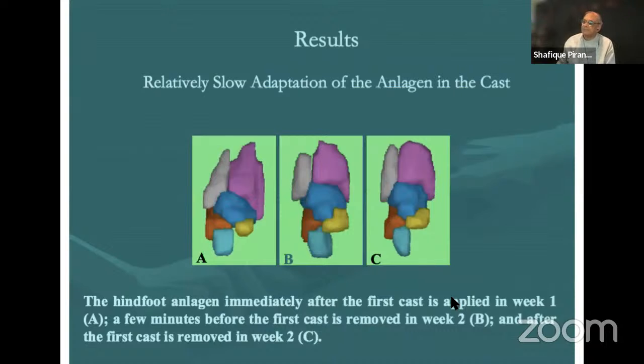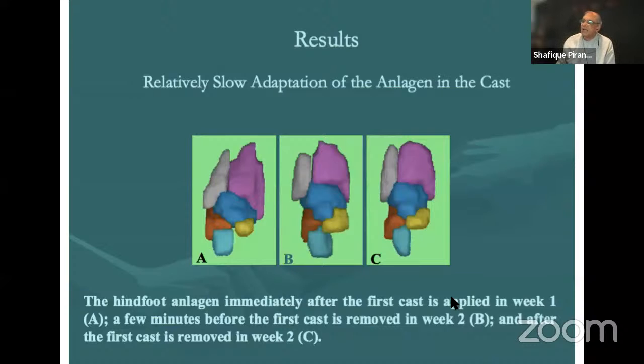And here's another series of pictures where we took MRIs A, B, and C. A was a few minutes after the manipulation, week 1, and then B is before we took the cast off a week later. And then C is when we took the cast off and then took an MRI to show what happens. And there's not much change.